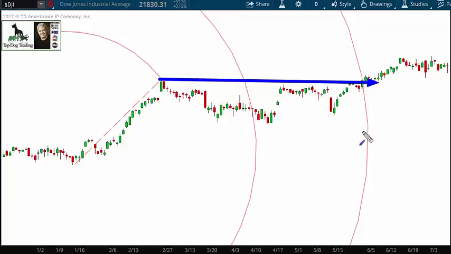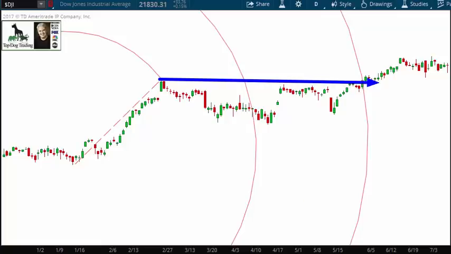So for breakout traders, if you're looking for breakout of resistance, and both of these examples are showing you that, then this is something that you can add to your repertoire and say, okay, I'm going to wait until you get the confluence of time and price as indicated by the Fibonacci Spiral. And then if I get other good signals, volume, price bars, indicators, whatever else you use, you can use this in conjunction with that to add to the probability of your trade.